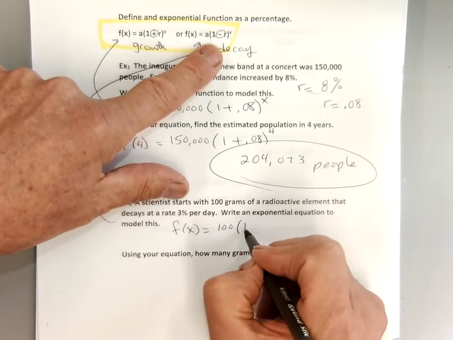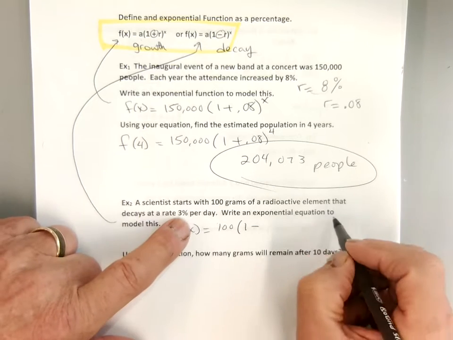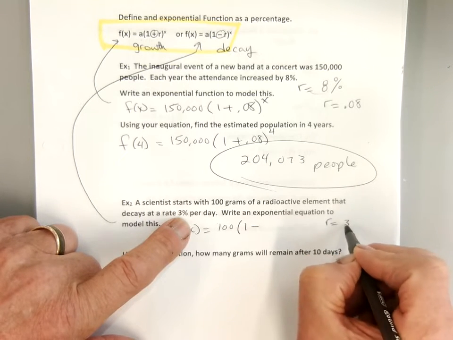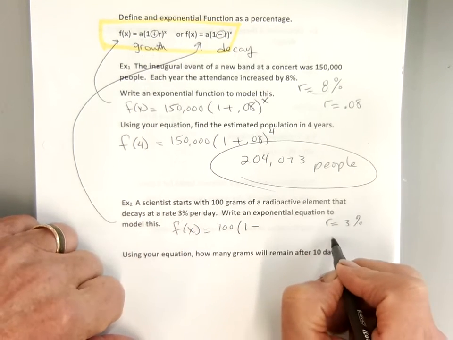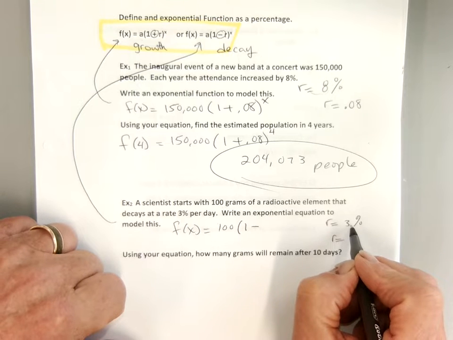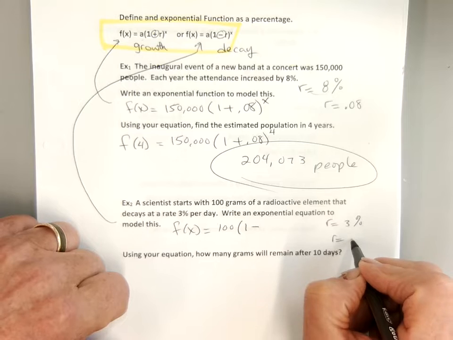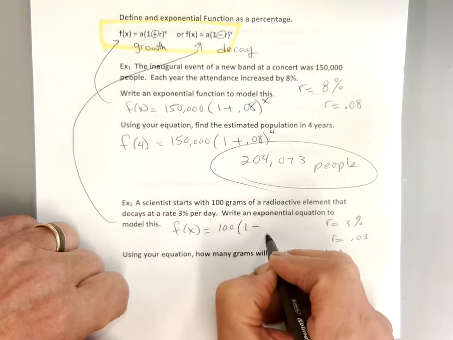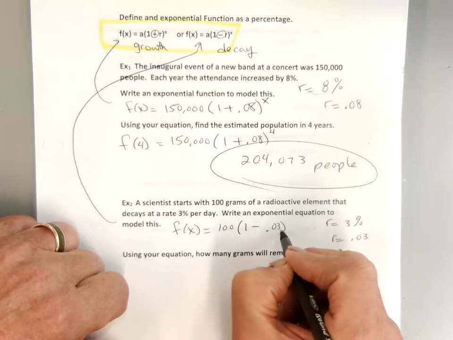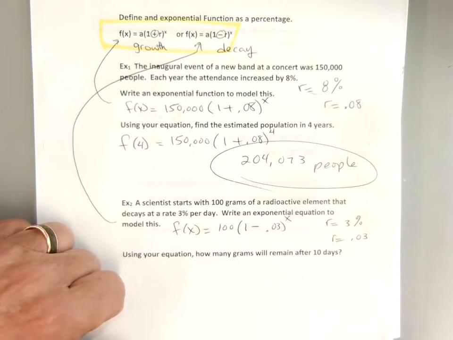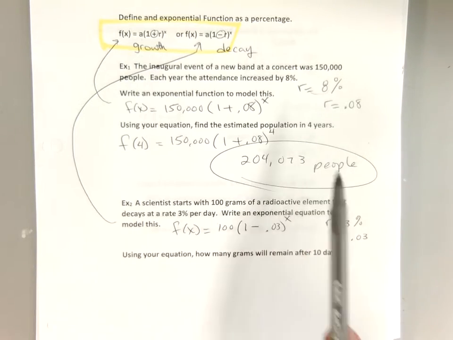Use my formula, 1 minus my percentage. My R is 3%, but I'll change that to a decimal, right? I'll move the decimal 2 places. 0.03, I'll put that there, to the x, right? So I just used my formula.